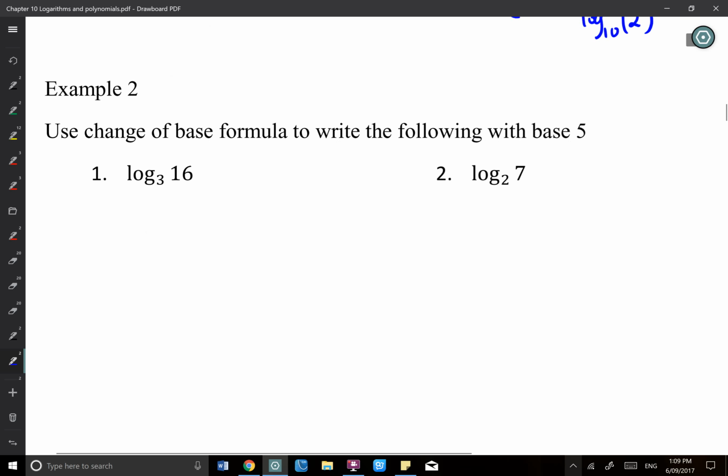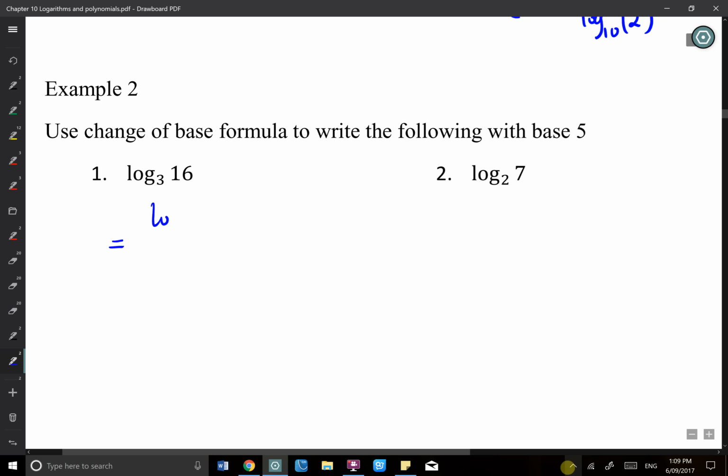The next one is to use the change of base formula to write the following with base 5. That's base 3 now, and I want to change to base 5. So it's log base 5 divided by log base 5, with 16 here and 3 here. The 5 needs to be a subscript, smaller in the corner.